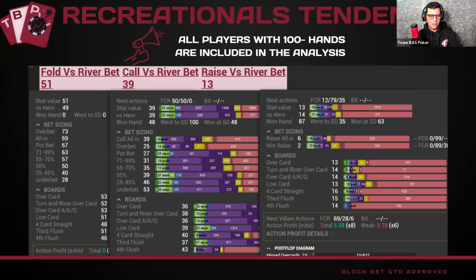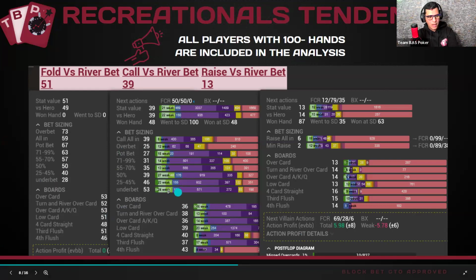In our approach, we like to do it a little bit less extreme, so that if it's showing us an exploit, it means it will generate even more EV if we are doing it against the actual tendency.